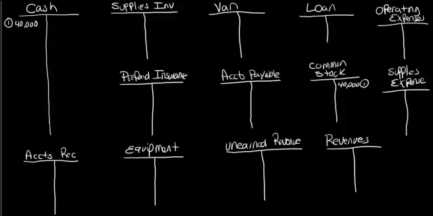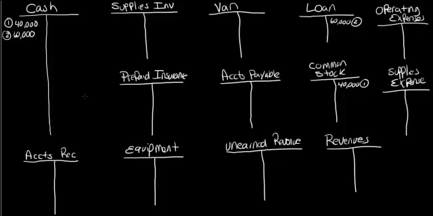And always make sure that your debits equal your credits, so everything remains in balance. The second journal entry was some cash, a loan from Lincoln's grandmother.